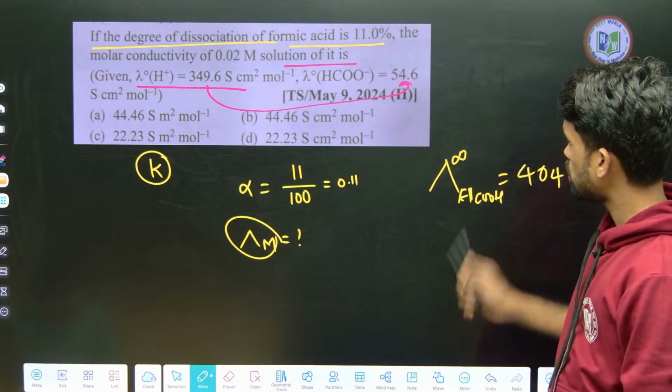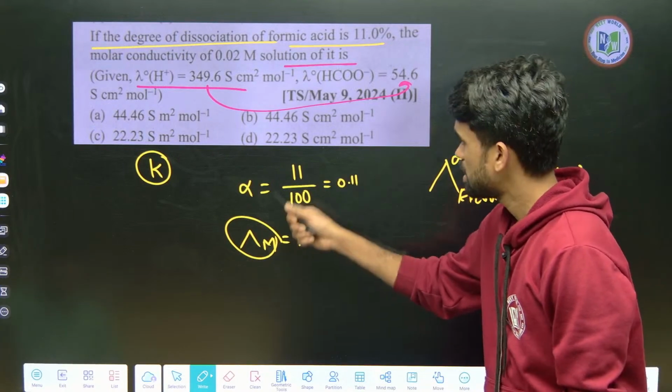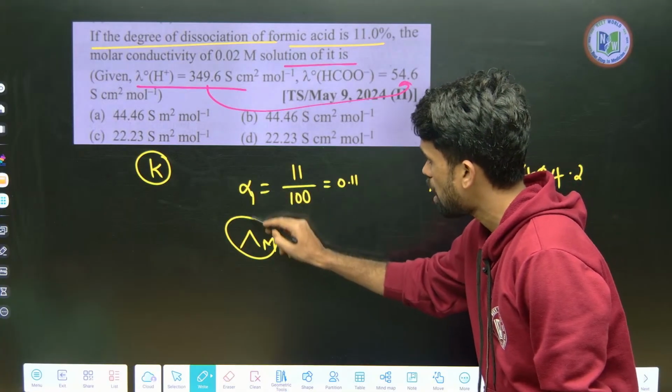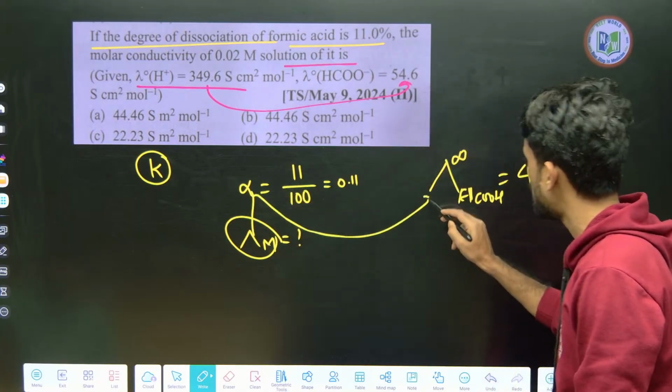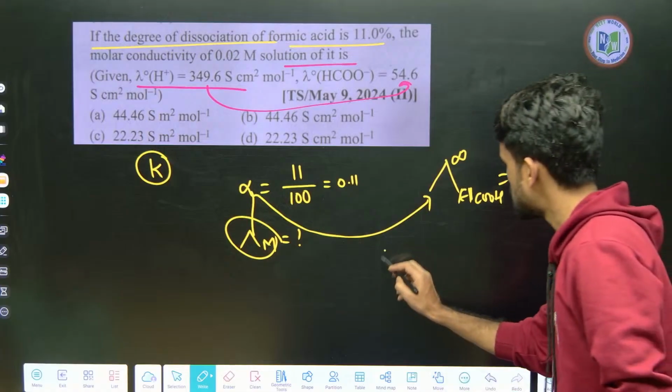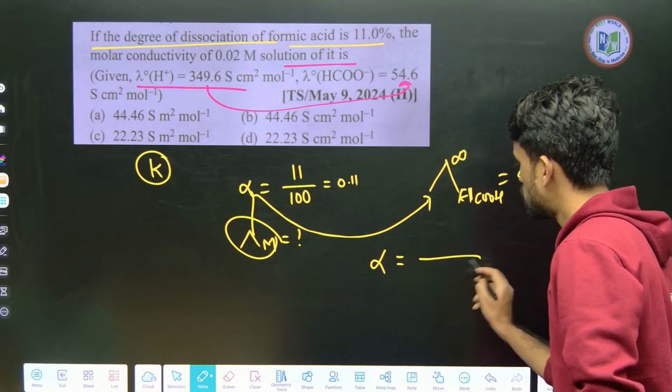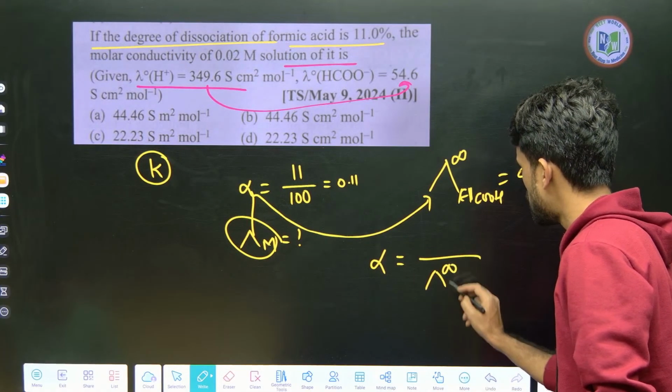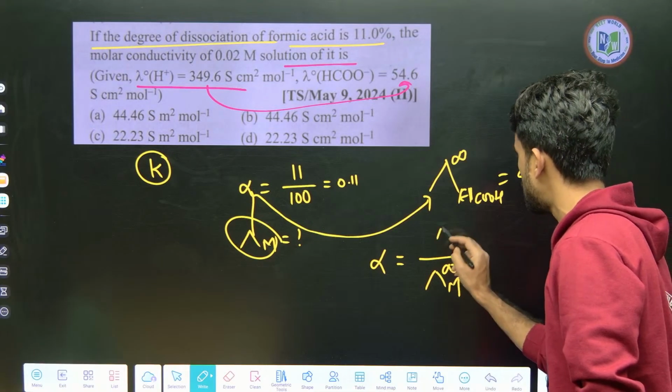You got this value, and they are asking this. Yes, there is a relation between alpha, del M and del naught M. Alpha equals del M by del infinite M, or del naught M in the denominator and del M in the numerator.